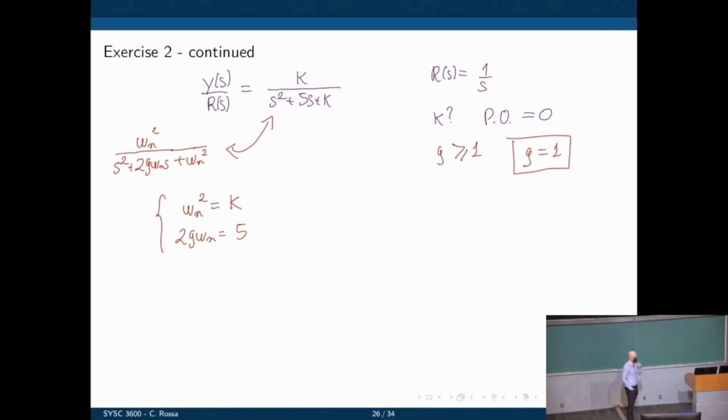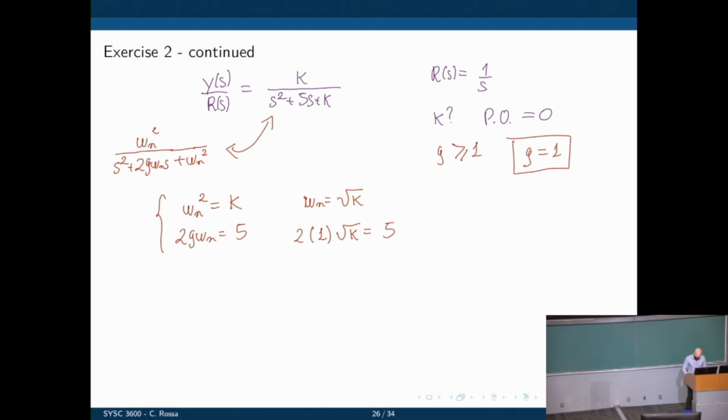It's a lot easier than using the other function, which actually doesn't even hold. So from this, we have omega n equals square root of k. And here we have 2 zeta, which is 1, times omega n, square root of k, equals 5.